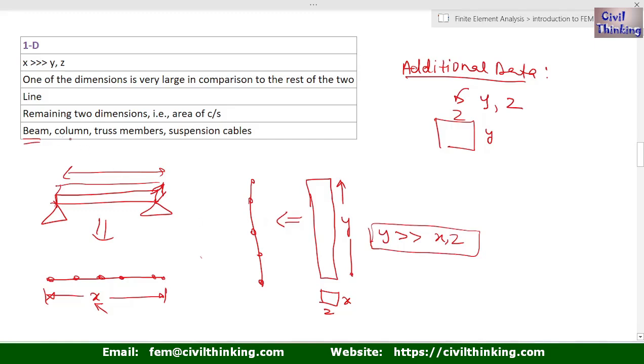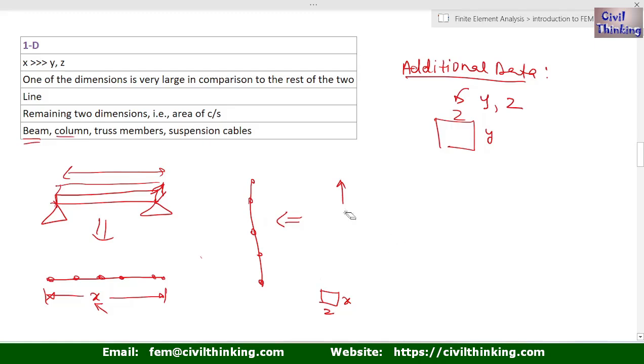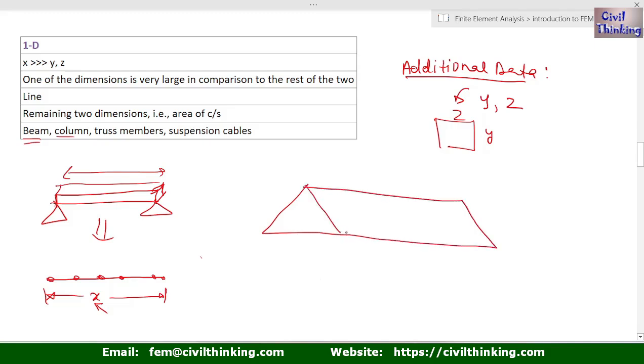That was a column. Then there are truss members. For example, you have, let me erase this first. Now when you have a truss, you can see, for example, this element, its length is more than its cross section.